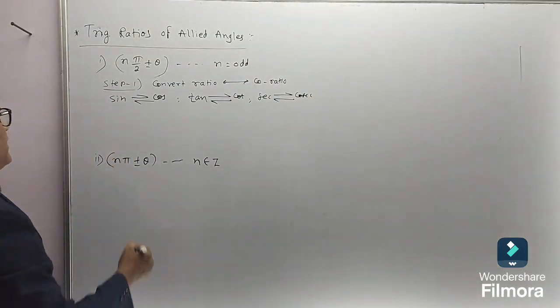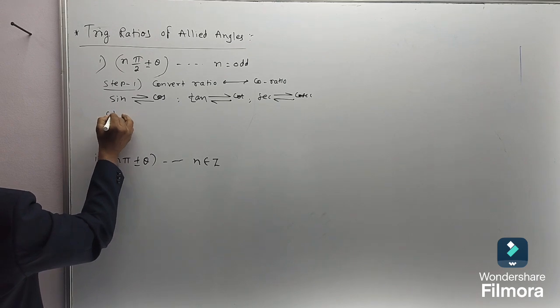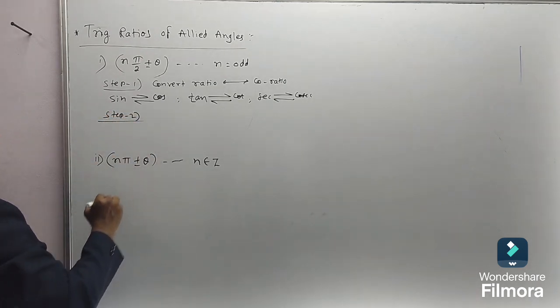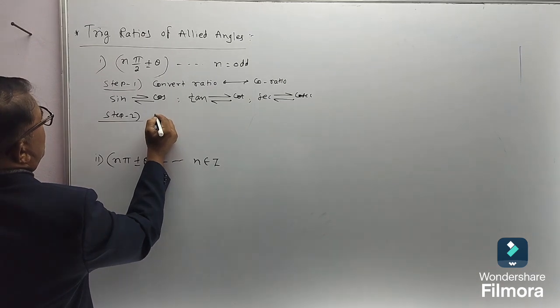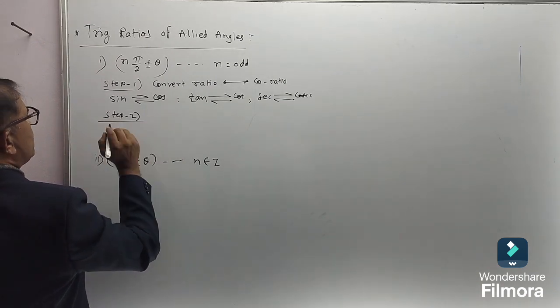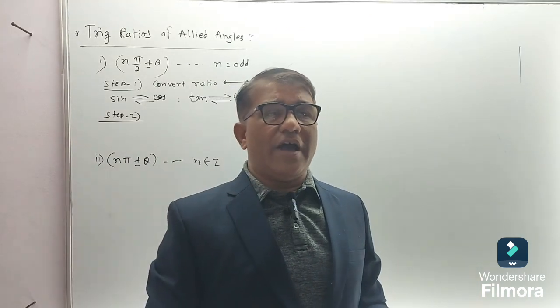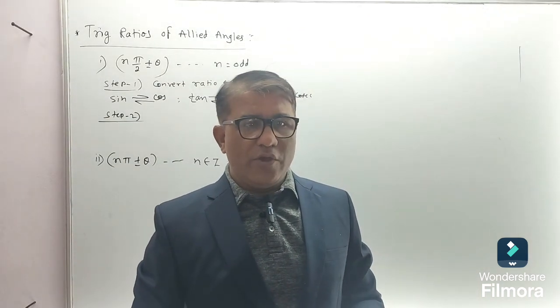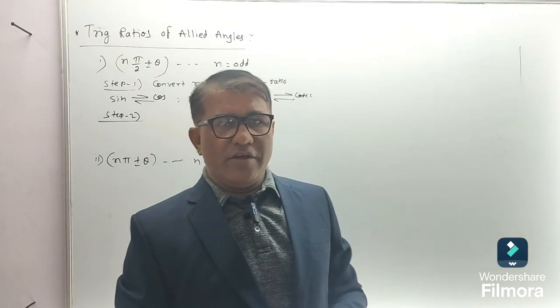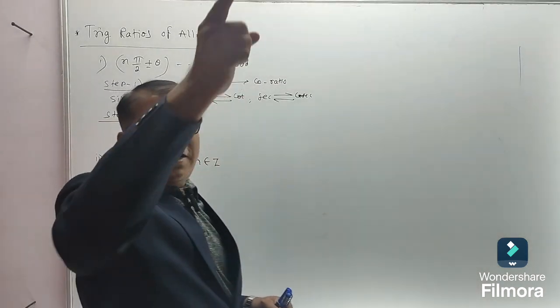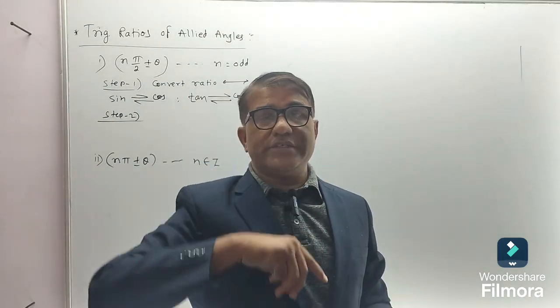And second step, yes, the second step is to decide whether the answer is plus or minus. To decide that, we have to check all STC. In the first lecture we discussed that.